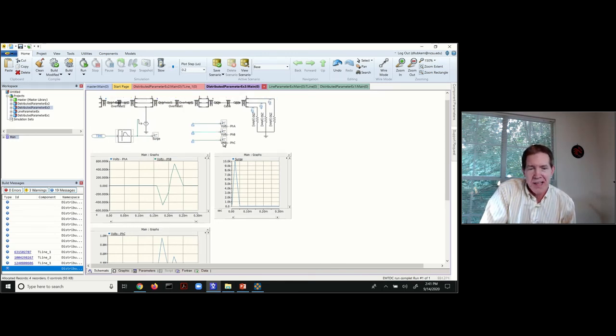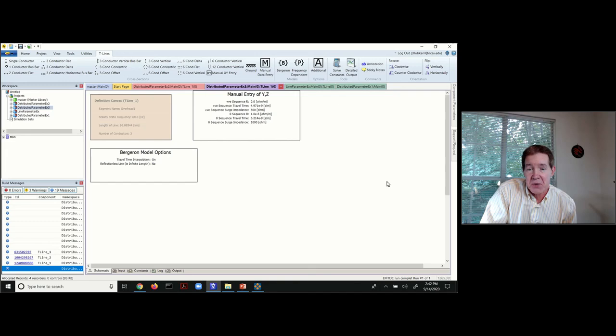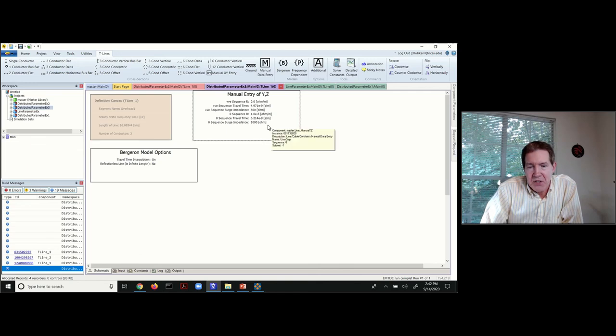The modeling of these overheads and these cables for 3-phase is kind of similar to what we were doing before. The only thing that's really different in this case is you would need to enter in the positive sequence values for the surge impedance for, I guess you can call it the line modes, which they call the positive sequence impedance here, and for the ground modes, which they refer to as the zero sequence impedance.